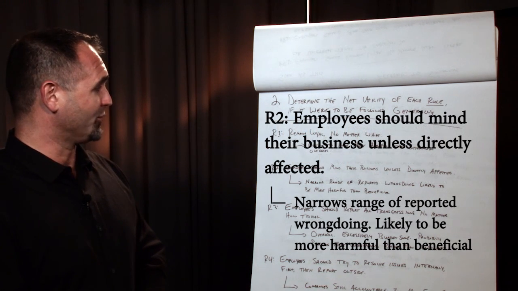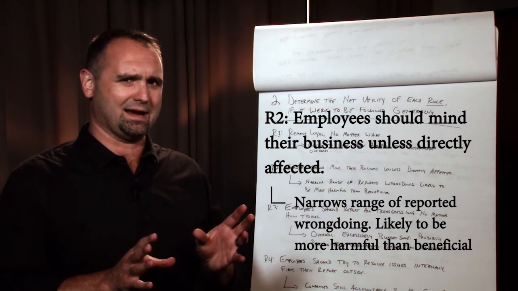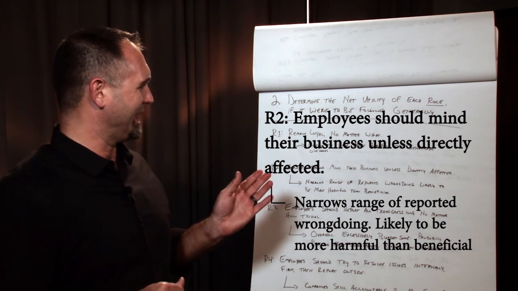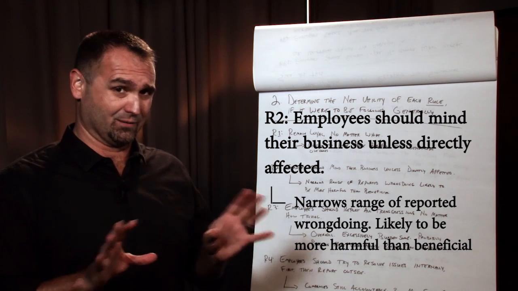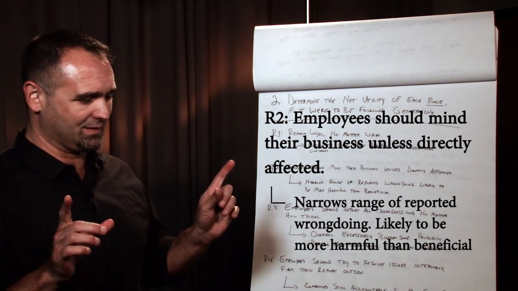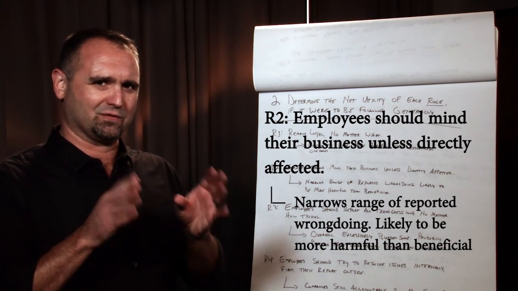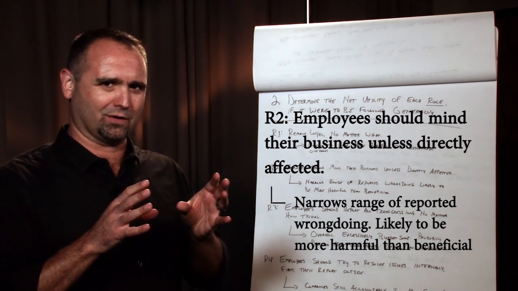Rule number 2: employees should mind their own business unless directly affected. Well, that doesn't seem quite as unsettling, perhaps, as employees doing nothing whenever a company is doing wrong. But notice that the fact that it has to do with employees being directly affected narrows the scope of times that employees might report on wrongdoing.